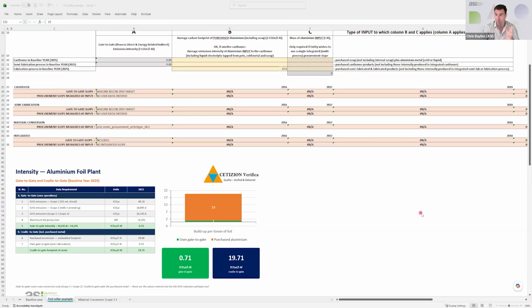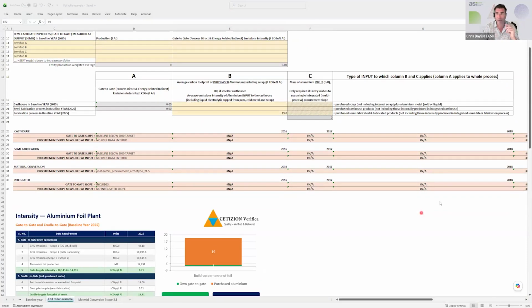So if you're a foil roller or you're a can manufacturer or you're an OEM doing secondary castings, or let's say giga castings, or you're a secondary cast house yourself, this is the data point you need to enter. It is only one piece of data, the procurement emissions footprint, and you enter it in this field E22.